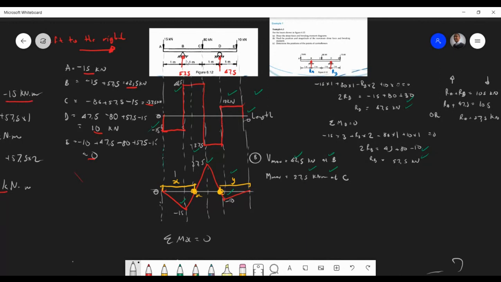X is between A and C. So now we are using the reactions, not points A, B, C, D, and E. What we're doing here is looking at all of the original forces acting on the thing, not what we've resolved to A, B, C, D, and E. Basically all the forces till this point. Are you with me?